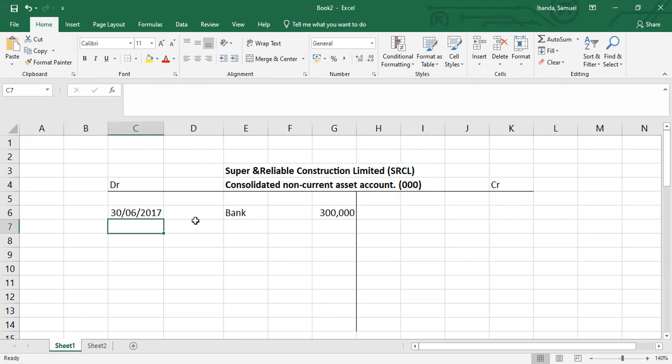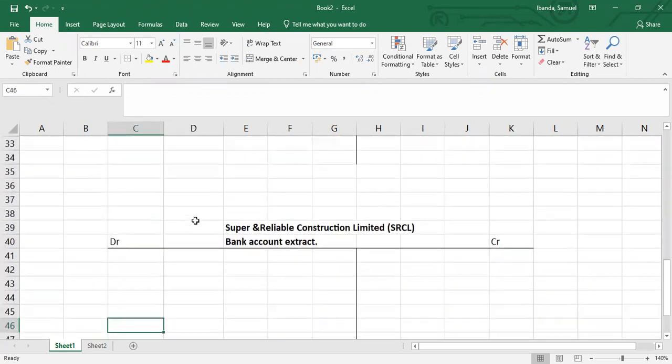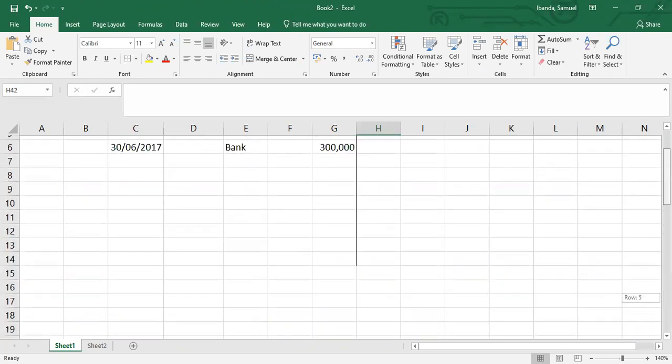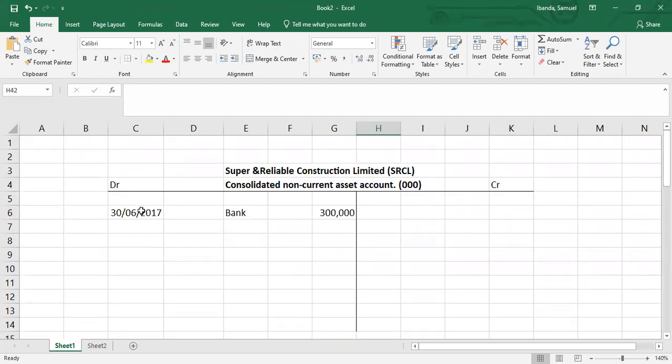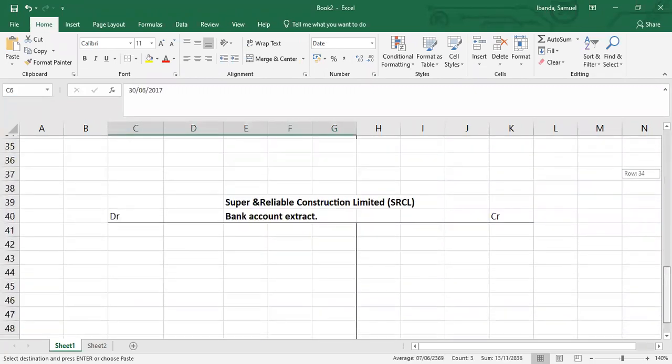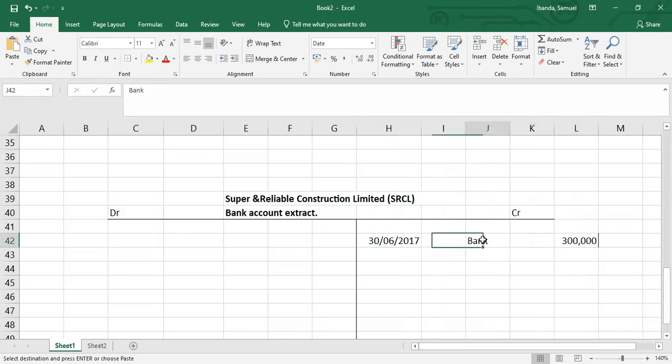And remember, we also have the bank account as part of the question, so I want to reflect it as well. As you purchase this grader on 30th June 2017, the similar transaction should appear on the credit side of our bank account, but this time it will be the name of the asset that we bought, the grader.